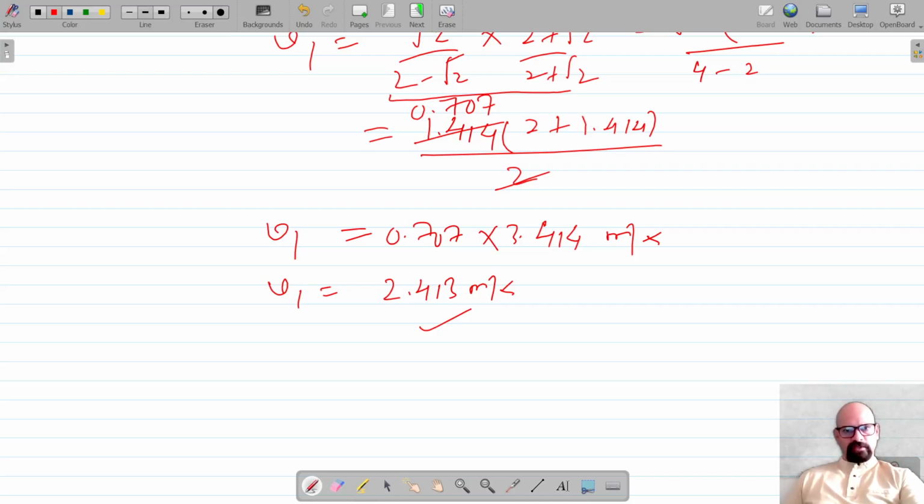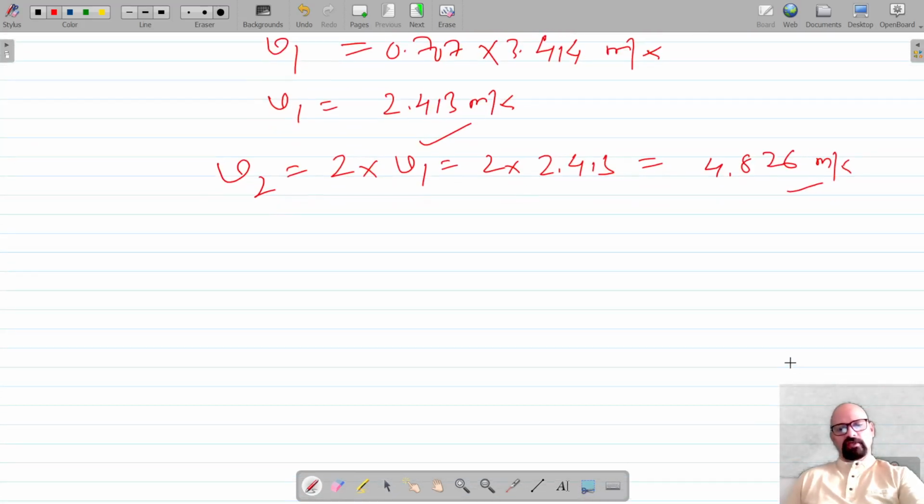And now let's calculate the velocity of the boy v2, which is 2 times the velocity of the man. So this is 2 into 2.413, which gives me 4.826 meter per second, the velocity of the boy.